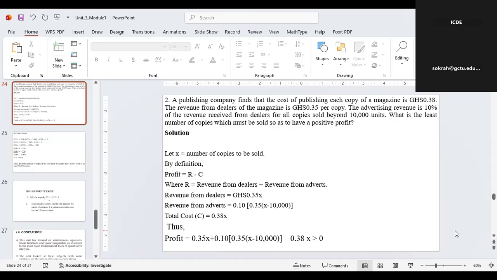So the production cost per copy is 0.38 per copy. Now, if you give it to dealers to sell, they get a revenue of 0.35 per copy. They sell each copy and get a revenue of 0.35 from it per copy.